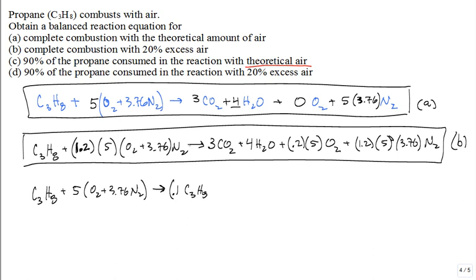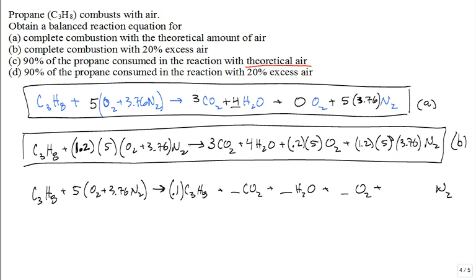So what happened to the 90%? It was consumed. Where did it go? The carbon went to CO2 and the hydrogen went to H2O. Okay. So how many CO2s? How many H2Os? I have to rebalance the whole thing. Maybe I have some O2s left over, and I definitely have some N2s going along for the ride.